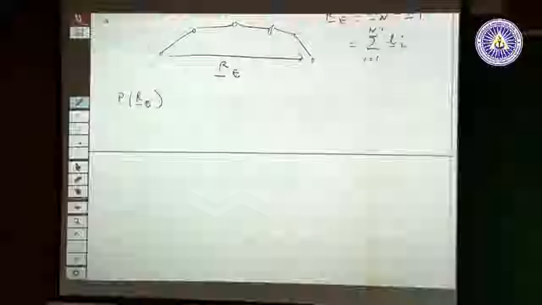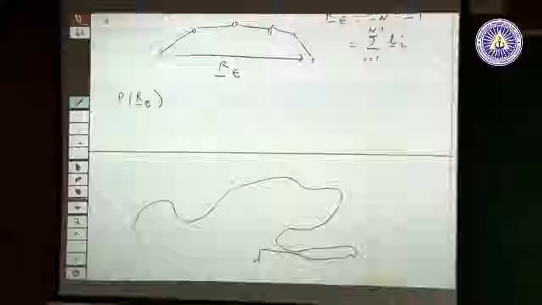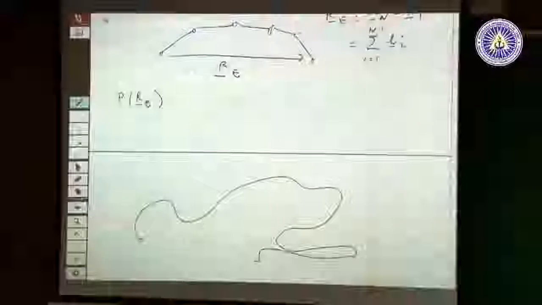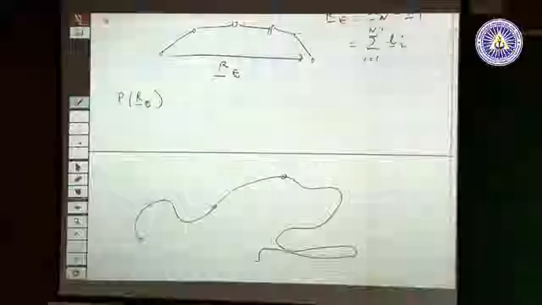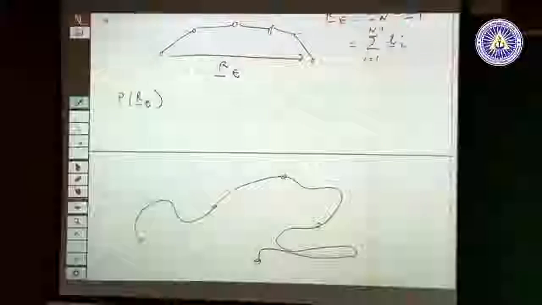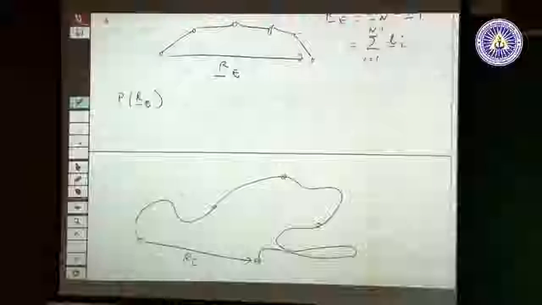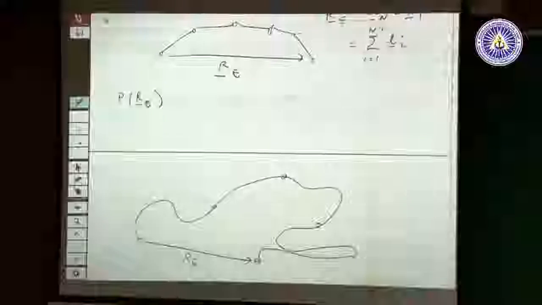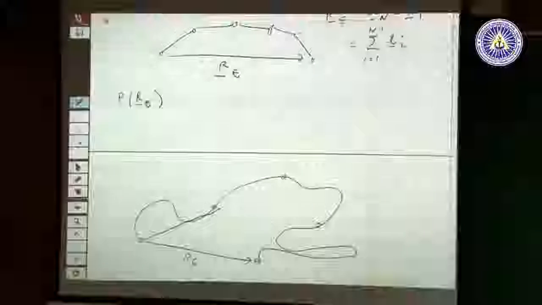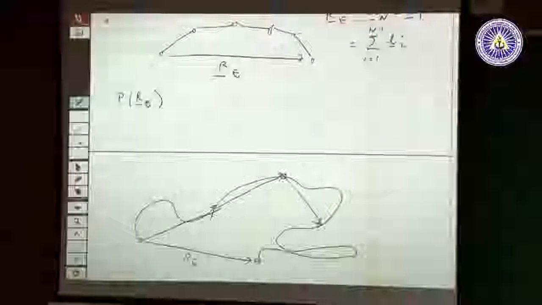Imagine you have a really long chain, and let us break it up into a bunch of sub chains. The really long chain has a certain end to end vector RE, but each of these sub chains also has an end to end vector.